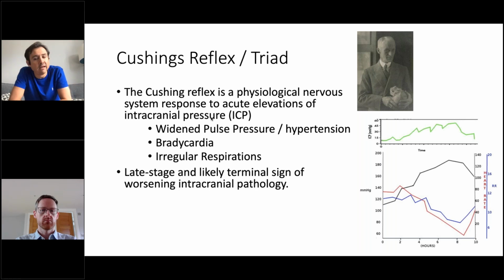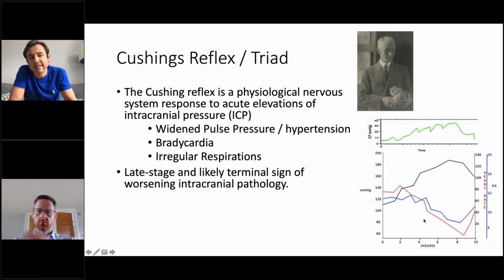This is a graph from a paper that I found when I was putting this together, and what you see is this. The black line is the blood pressure, which rises along with the intracranial pressure, and the heart rate begins to drop off, associated with these apneic episodes and the irregular respirations.